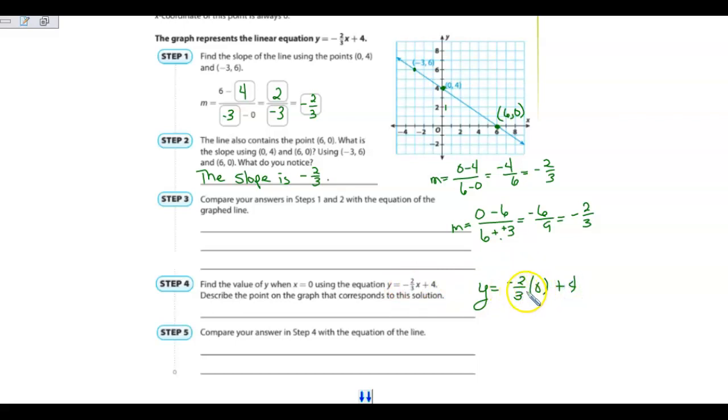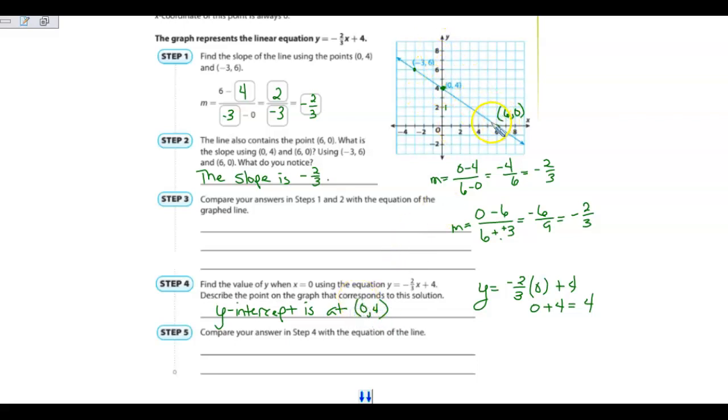Well, anything times 0 is 0. So 0 plus 4 gives me 4. So that means the y-intercept is at (0, 4), which we see in our line.